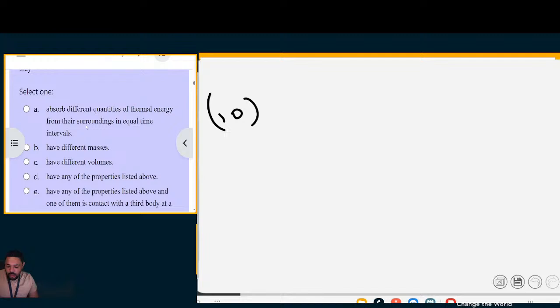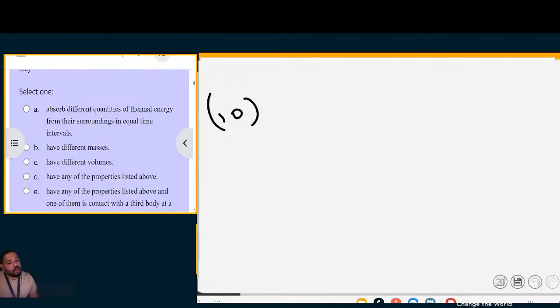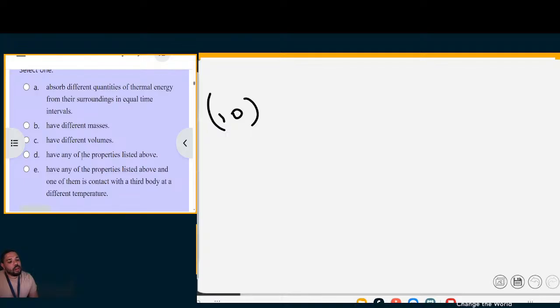If they have different masses, yes, that is correct. They can, even if they absorb different quantities of thermal energy from their surroundings in equal time intervals, if they have different masses, if they have different volumes, yes, they can still be in thermal equilibrium. If they have any of the properties listed above.